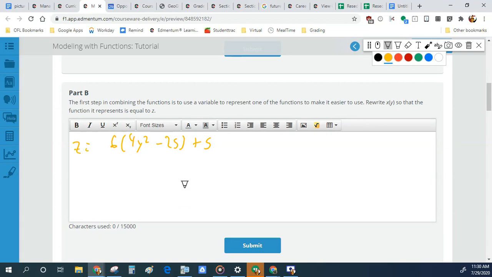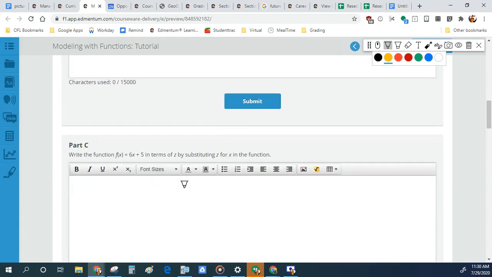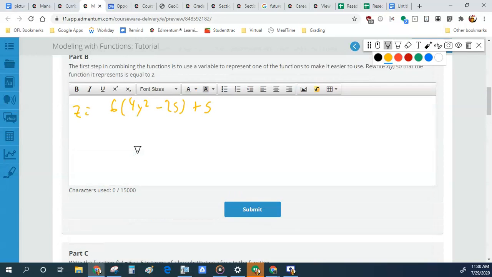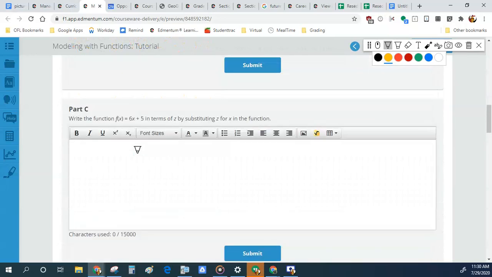So z equals that. So this step, they want me to distribute it out. So this is where I do the 24y squared minus 150 plus 5.